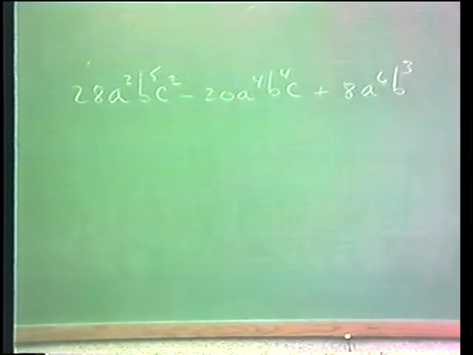That's 28 a to the second b to the fifth c squared minus 20 a to the fourth b to the fourth c plus 8 a to the sixth b to the third.